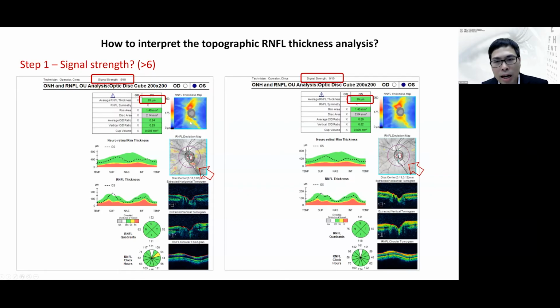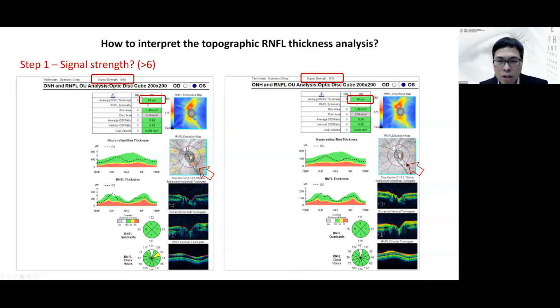This is another scan done within the same day, but with a higher signal strength. The first scan has a signal strength of 5. The second scan has a signal strength of 9. So with a higher signal strength, you can see thicker retinal nerve fiber measurements, and the false positive is gone.